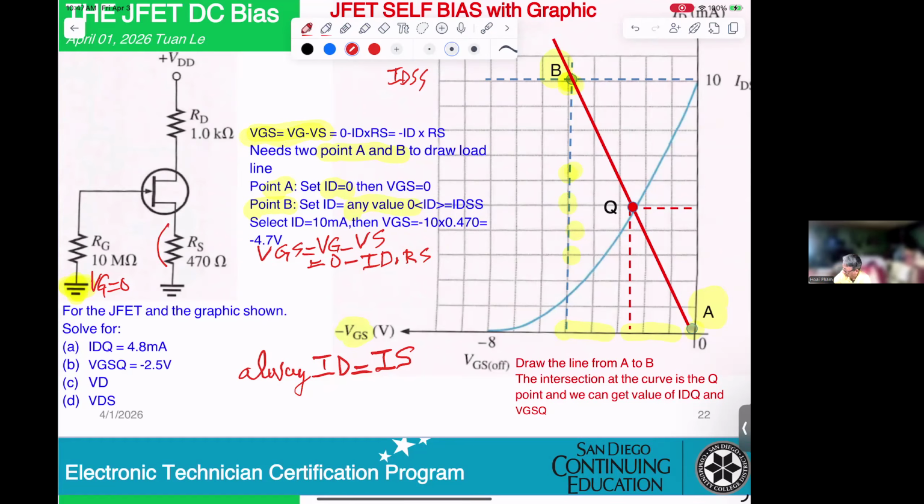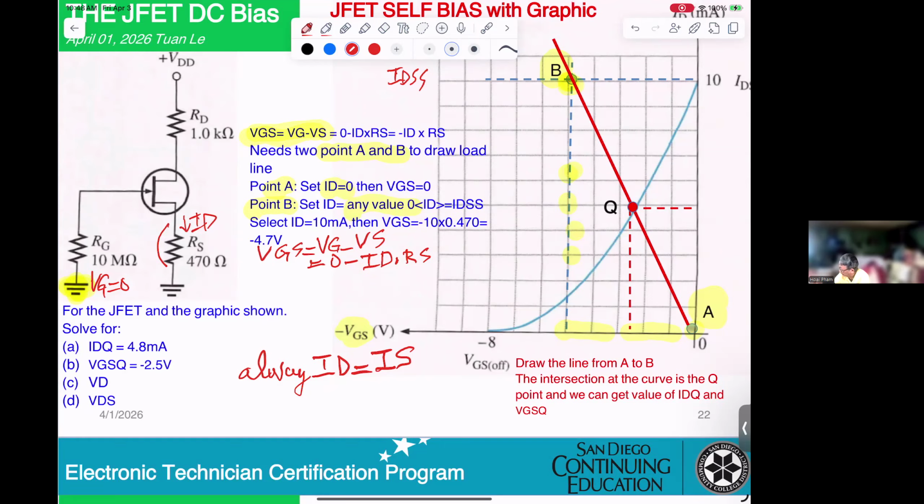That means they telling you to try to get the current ID. Now select ID 10 milliamp.